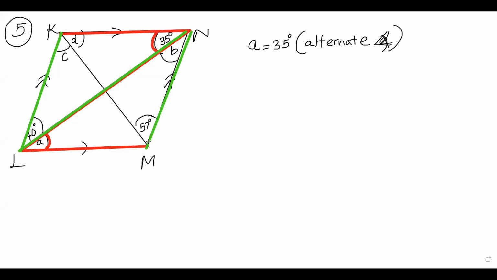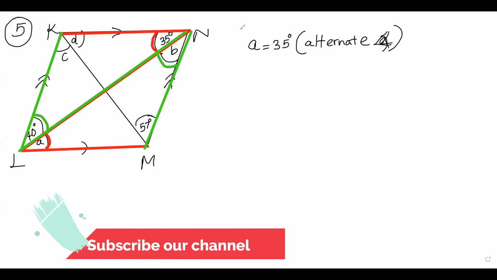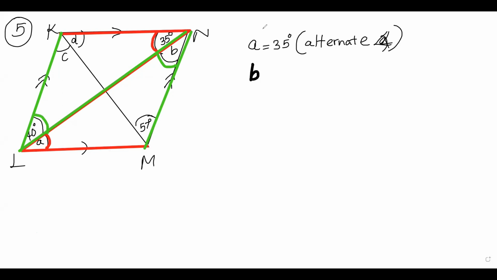You can see what are the alternate. This angle and this angle should be equal. So here B should be equal to 40. It is also alternate angle.